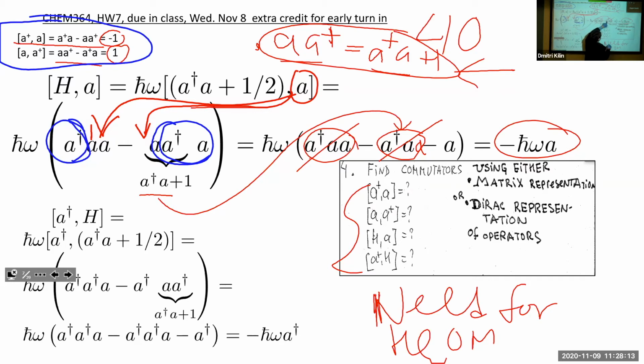So a dagger a, and in the first term we also have a dagger a. So they cancel. And then this plus one multiplied by a gives one more term. So after this commutation, we get minus h-bar omega a. So by exploring the commutation of the annihilation operator with the Hamiltonian, we get back the annihilation operator.